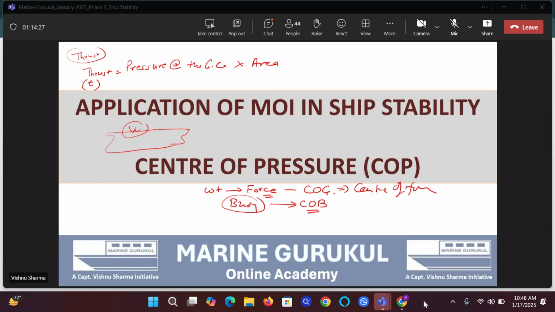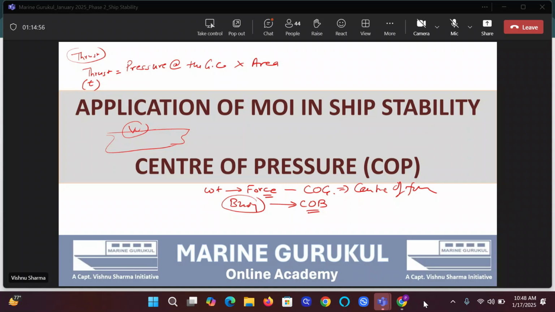How was thrust defined? It was defined as a force exerted by the liquid on an area, like a bulkhead or whatever, right? So thrust was not only at one point, it was acting all over the area. Somewhere it was more pressure, somewhere less pressure. The force over the entire area was the thrust.